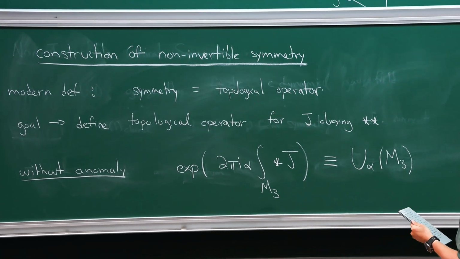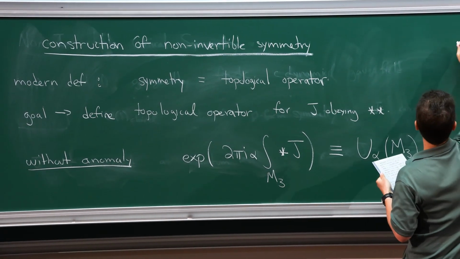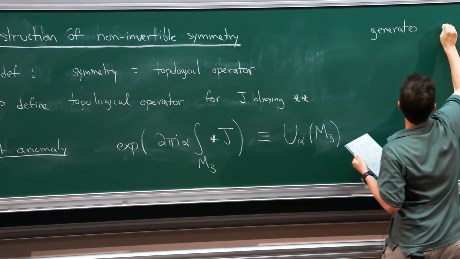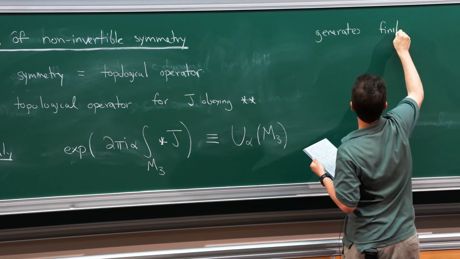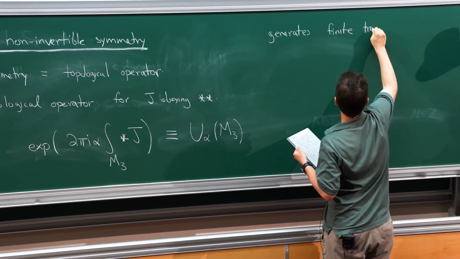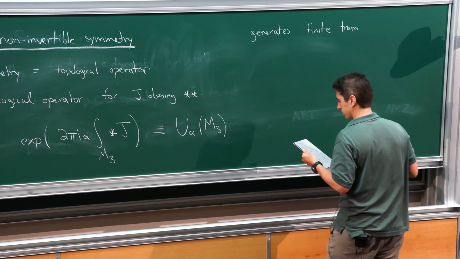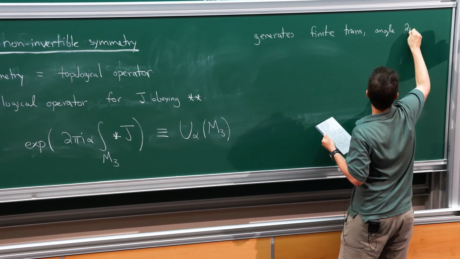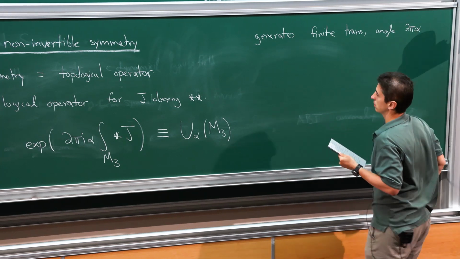What kind of beast is this? It generates finite transformations with angle 2 pi alpha.